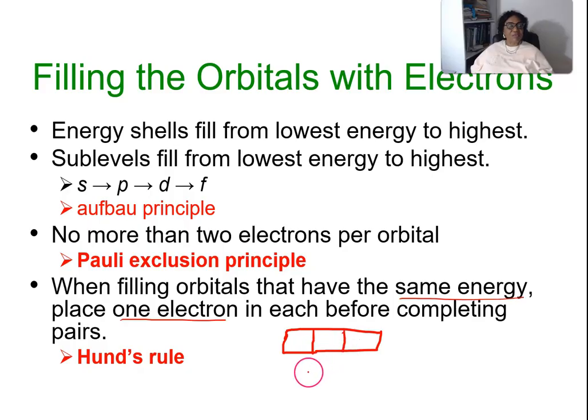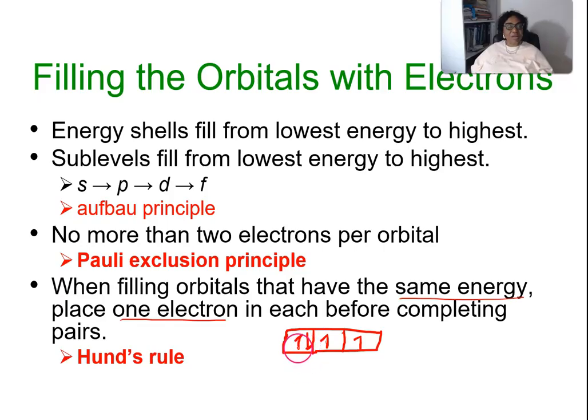So if you have to fill electrons in these 3 p orbitals, you fill this first, you fill this first, then you follow by this, before you can do pairing.